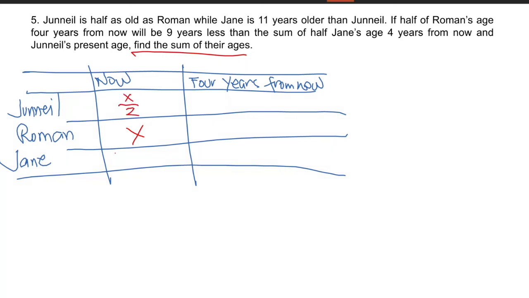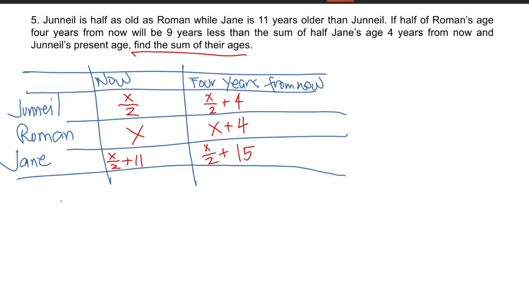And Jane is 11 years older than Janelle, so we will get x over 2 plus 11. And 4 years from now, we just have to add 4, and then x over 2 plus 15.